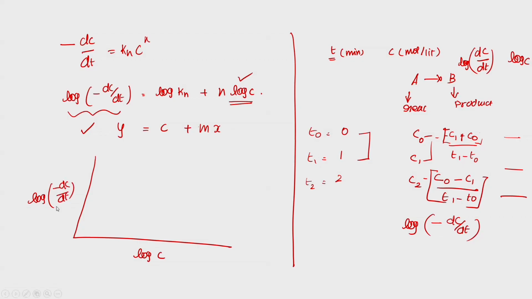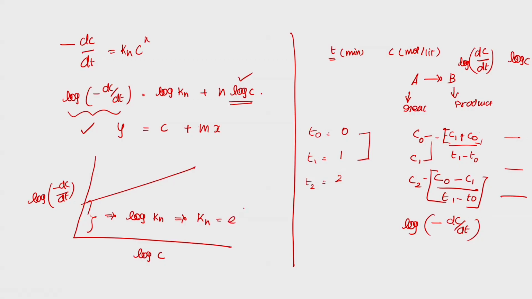So I will be having the linear line, which talks about the intercept. So intercept is nothing but log Kn. So from this I will be able to calculate my rate constant at nth order reaction. So why we are doing this? I do not know a priori what is my order of reaction.